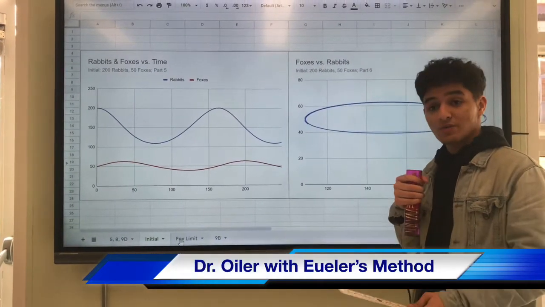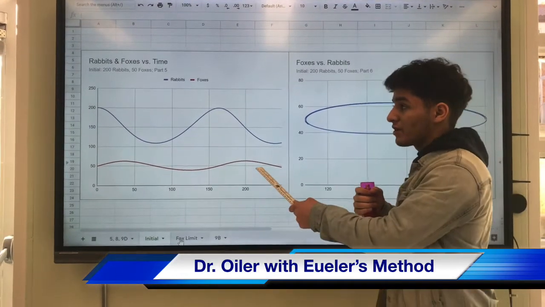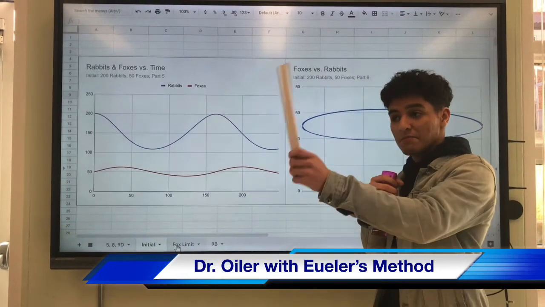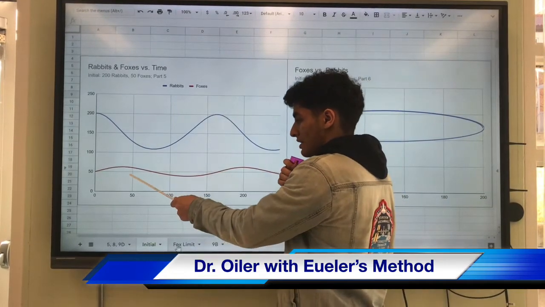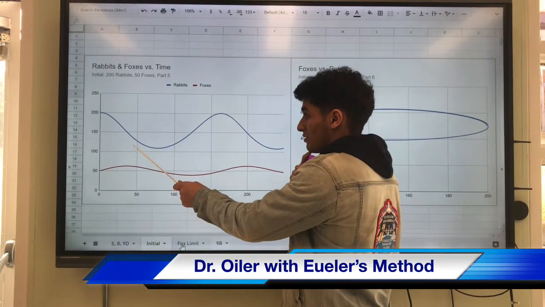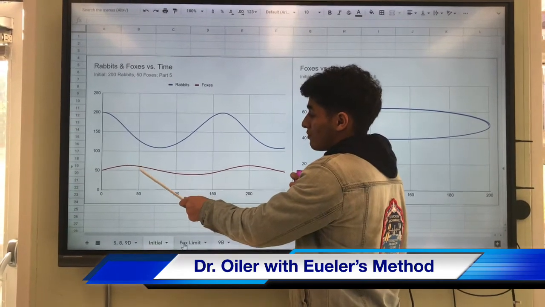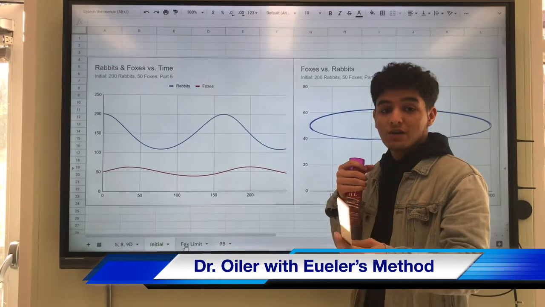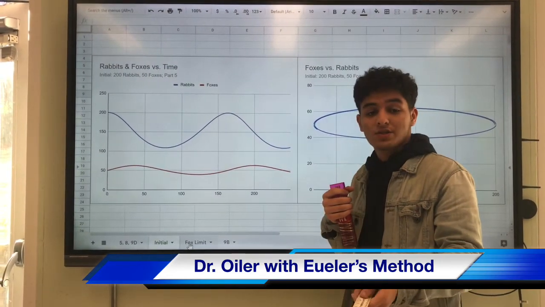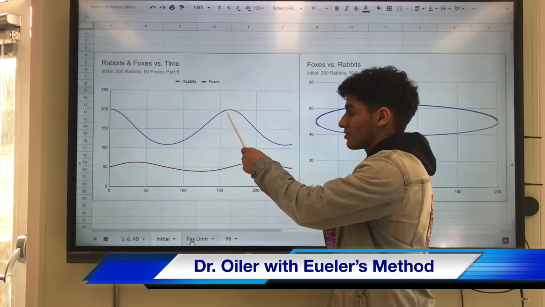Alright, so as we talked about earlier, these are the graphs which we showed back there. So what you can see is that the maximum for the foxes graph corresponds to the declining of the rabbit graph, which makes sense because if there's a lot of foxes, then the rabbit population is going to decrease, and so on and so forth.